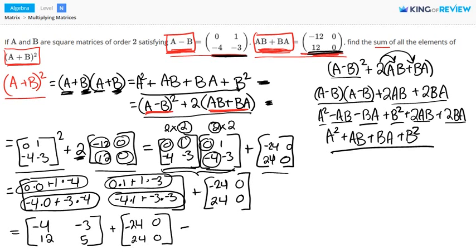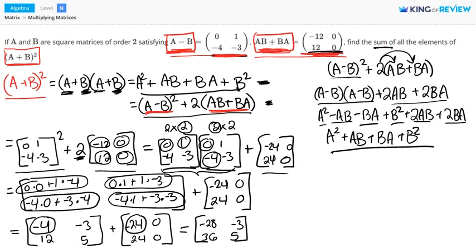So now, to add them together, we're going to add corresponding entries. So the top left is being added to the top left entry in the second matrix. So we have negative 4 plus negative 24. This gives us negative 28. Negative 3 plus 0 is negative 3. 12 plus 24 is going to give us 36. And 5 plus 0 gives us 5.